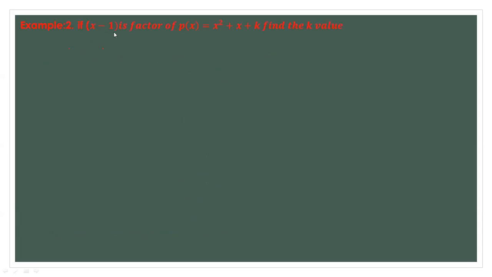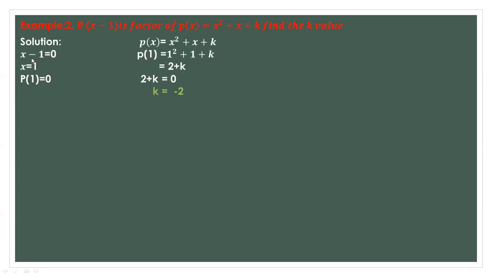If x minus 1 is a factor of p of x is equal to x square plus x plus k, then find the k value here. For that we have a solution here. x minus 1 is equal to 0. It means this is the factor. x is equal to 1, then p of 1 is also 0. Then in p of x we replace x by 1.